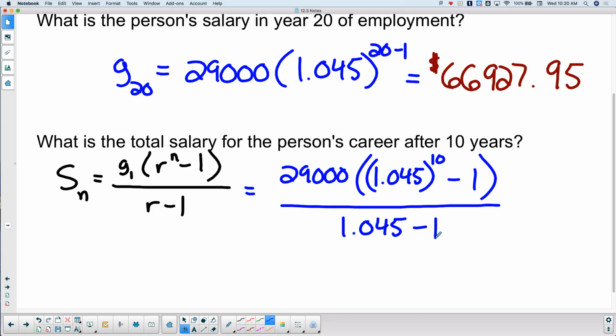I would go 1.045 raised to the 10th power, minus 1, times 29,000, divided by, and in my brain I can do that subtraction, that's 0.045. And in the first 10 years, this person has made $356,358.07.